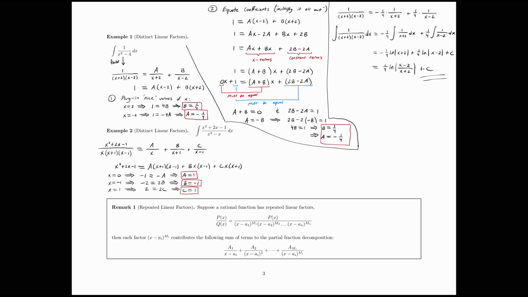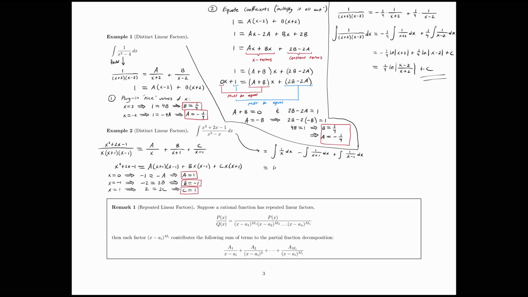Okay. So if we go to integrate this now, this integral, after running partial fractions on it, would be the integral of 1 over x dx minus the integral of 1 over x plus 1 dx plus the integral of 1 over x minus 1 dx.